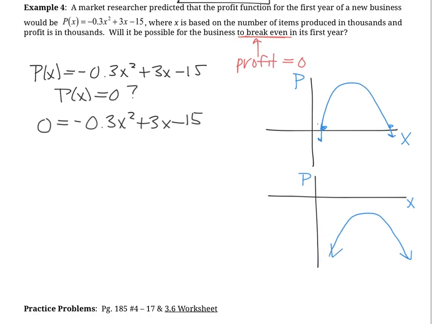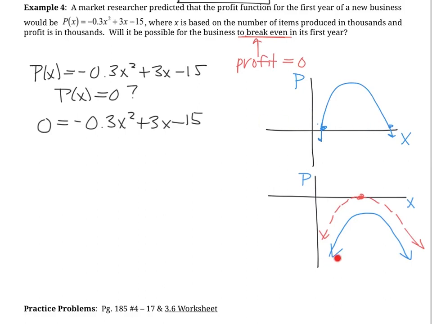A third and final option, I'll just draw it on the same graph, is that it comes up and hits the x-axis only one time. That would give us just one solution. So at only one point, at selling only one certain amount of goods, would it break even. The rest of the time it would have a negative profit, so its cost would be more than its revenue.